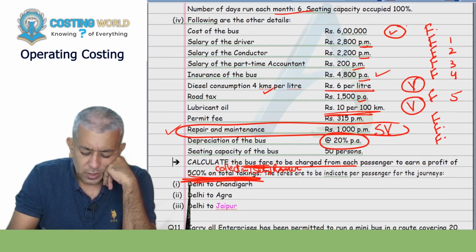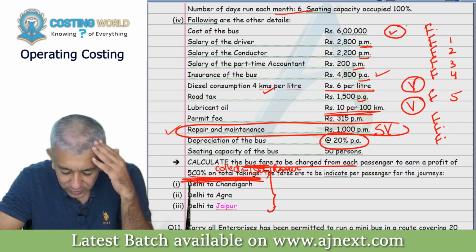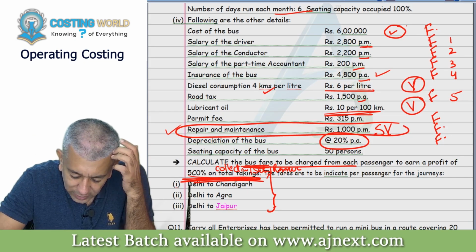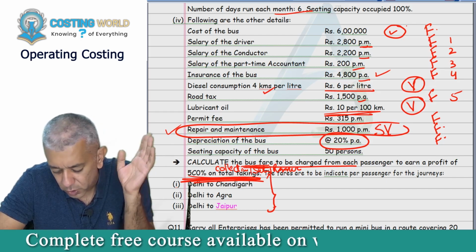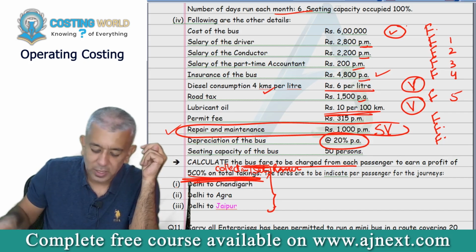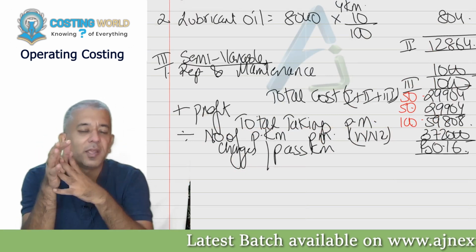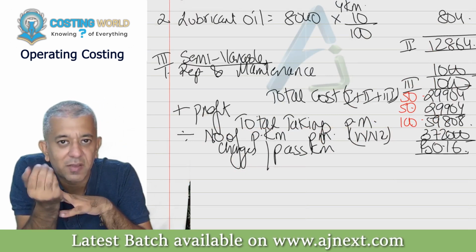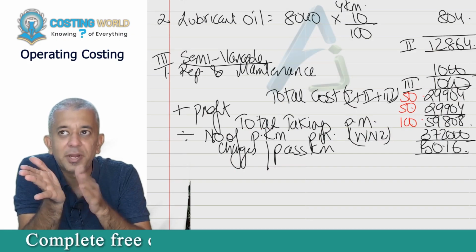Now see, what those guys want, listen very carefully. Calculate the bus fare to be charged from each passenger to earn a profit of 50% of total takings. The fares are to be indicated per passenger for the journey Delhi to Chandigarh, Delhi to Agra, Delhi to Jaipur. In real life, a conductor will not come after every kilometer to every passenger and tell them, give me 0.16, correct?